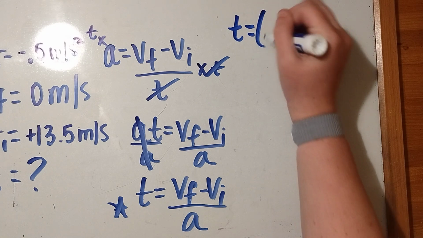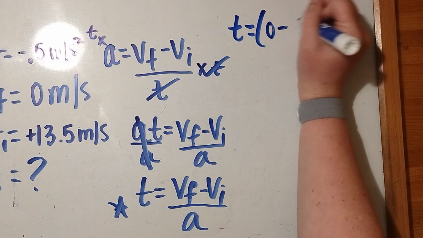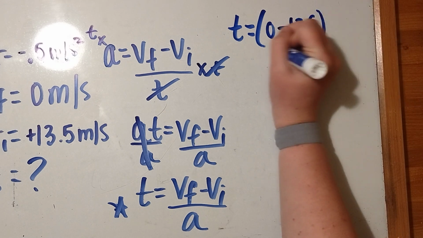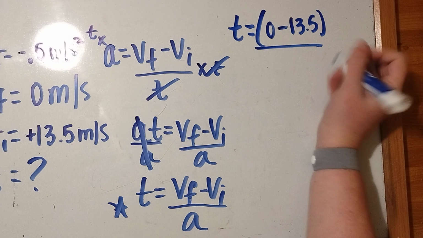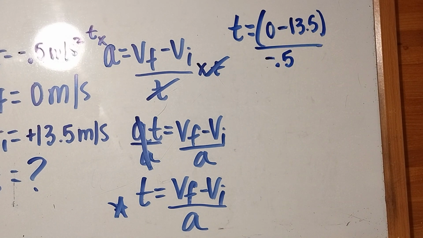T equals Vf, our Vf is 0, minus our initial velocity of 13.5, divided by my acceleration, which is negative 0.5 meters per second per second. I'm going to plug that into my calculator real fast.